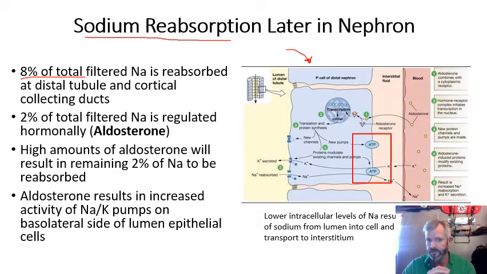By the time we get to the distal tubule, 90% of the sodium is already reabsorbed, and that is constant. 8% of the total filter gets reabsorbed at the distal tubule. Again, that is constant. This last 2% of the sodium that was initially filtered is where we can change the regulation. We could reabsorb or not reabsorb the sodium, and that is determined by the levels of aldosterone.